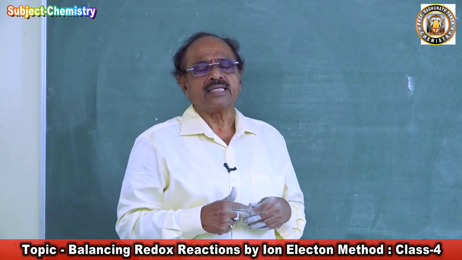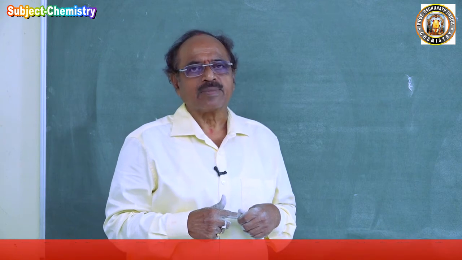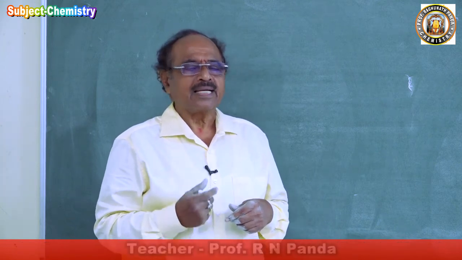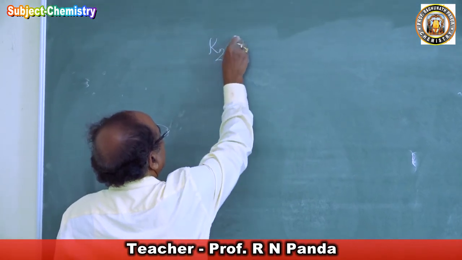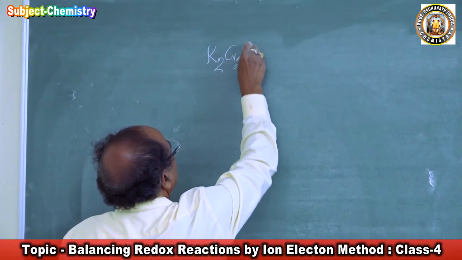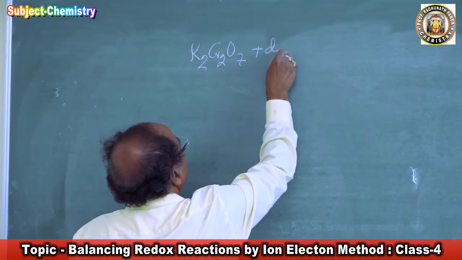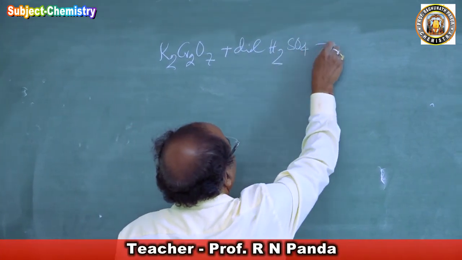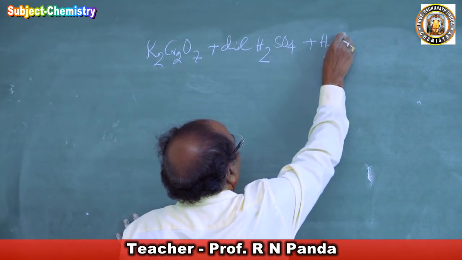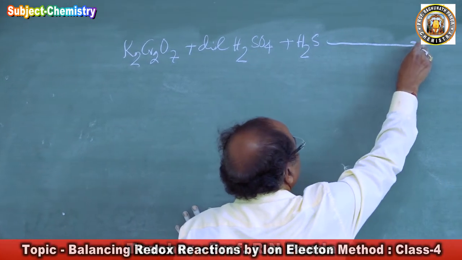Now let's take the equation for potassium dichromate, dilute sulfuric acid and H2S. So we'll take potassium dichromate and dilute sulfuric acid plus H2S. I am not writing the ionic form yet.